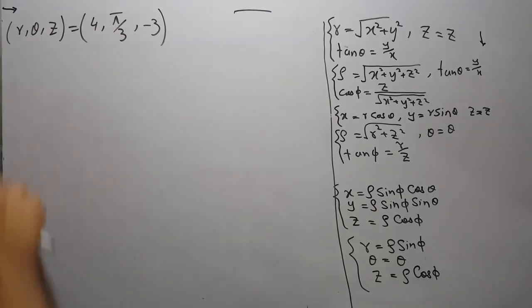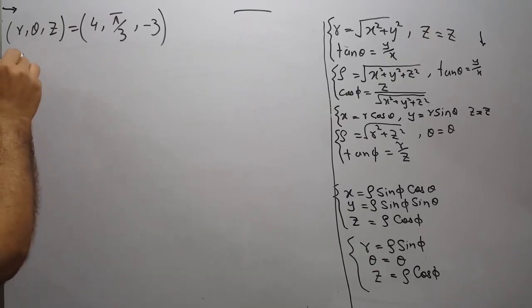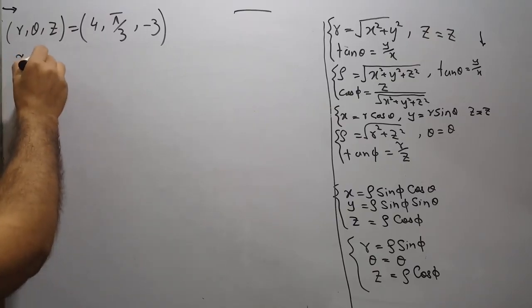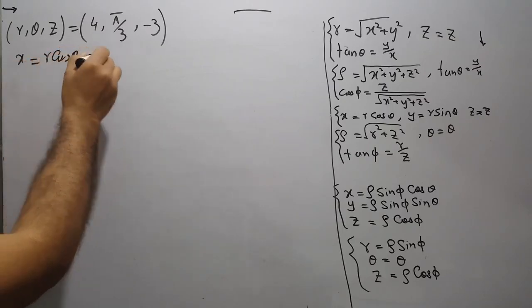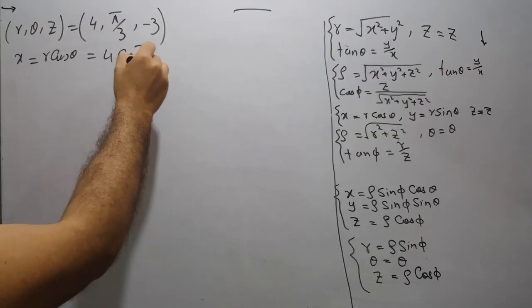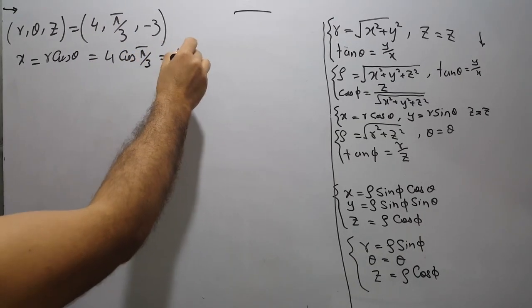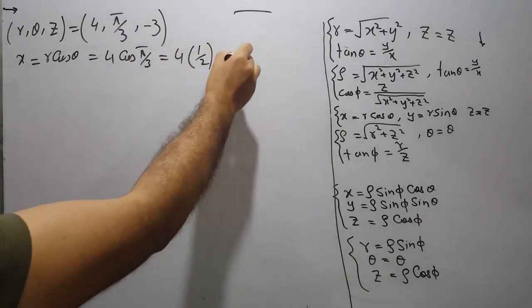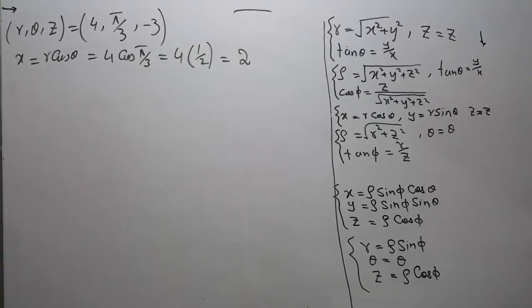Now you are given cylindrical coordinates, a point r, theta, and z, and you have to transform that into rectangular and spherical. To transform into rectangular, x is r cos theta. r is 4, theta is pi by 3, and cos pi by 3 is 1 over 2, so that gives us 2.